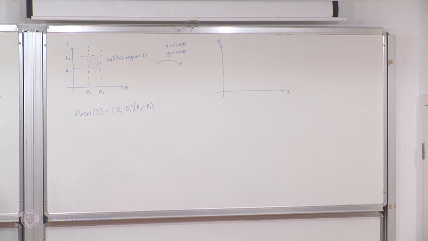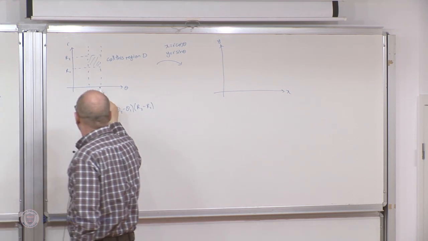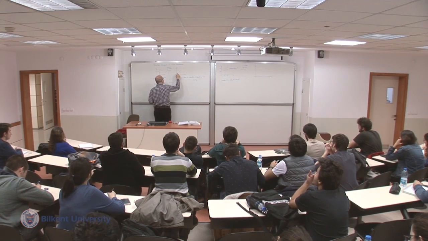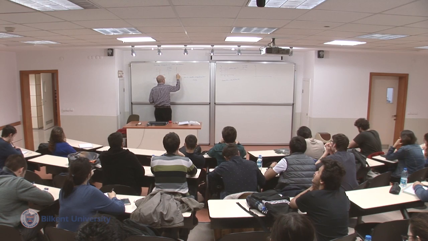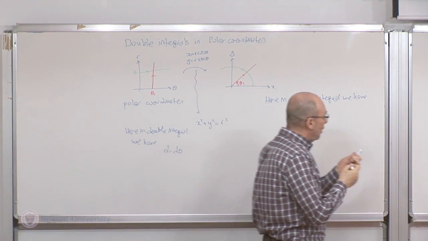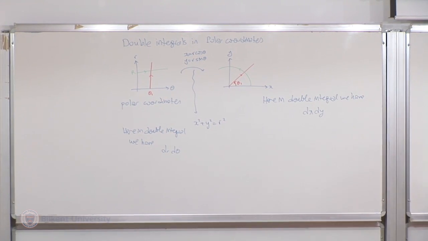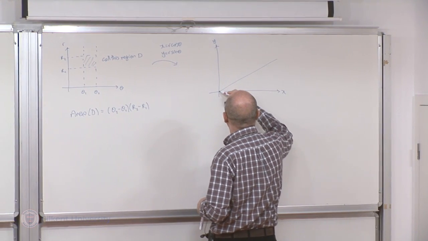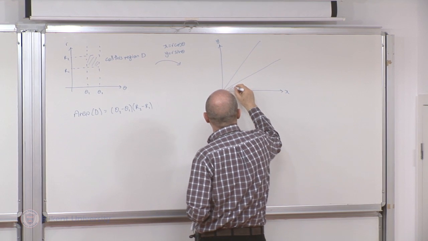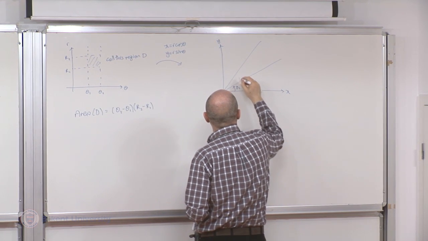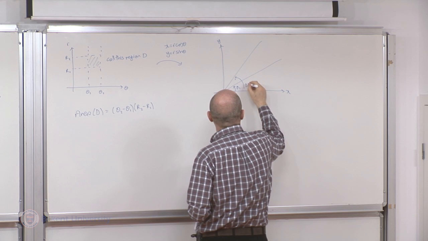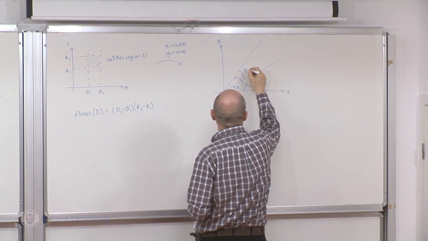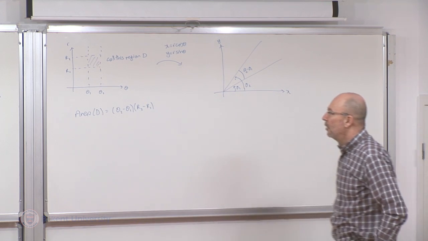This goes to the red ray here, with this angle theta 1, always oriented. The other one is another ray with larger angle. So this angle is theta 1, this angle is theta 2, and we are interested in this one, theta 2 minus theta 1.